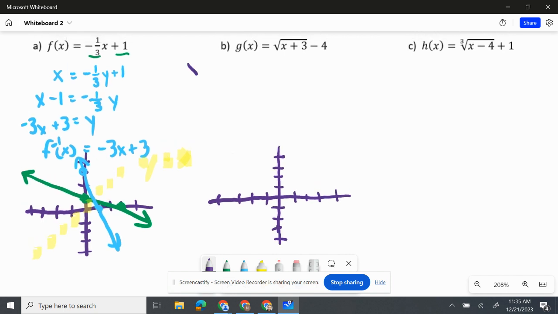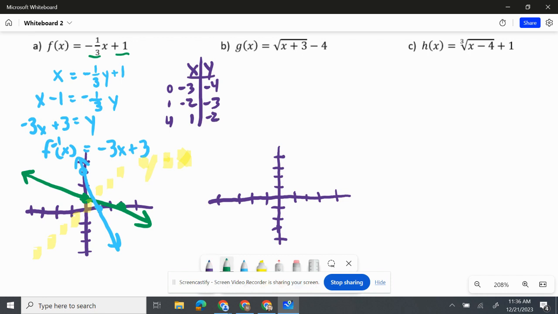Our table here is going to start at -3 because we want 0, 1, and 4. Then we have -2 and we have 1. -3 plus 3 is 0, minus 4 is -4. -2 plus 3 is 1, square root of 1 is 1, minus 4 is -3. 1 plus 3 is 4, square root of 4 is 2, 2 minus 4 is -2.